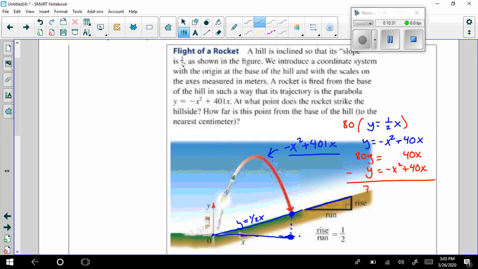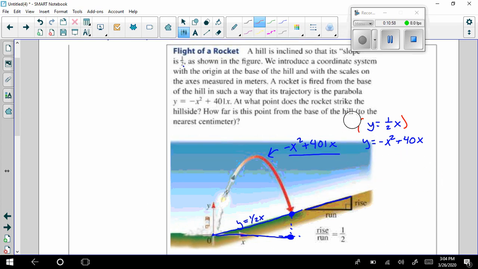So we get 79y is equal to x squared. And that's messy. So see, elimination doesn't work very well on this one because I still have a y in x squared.